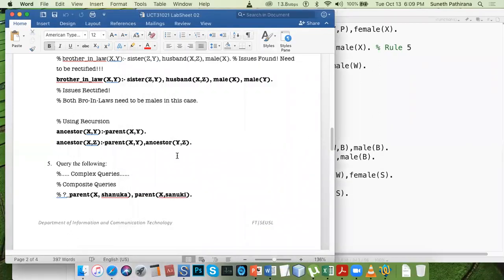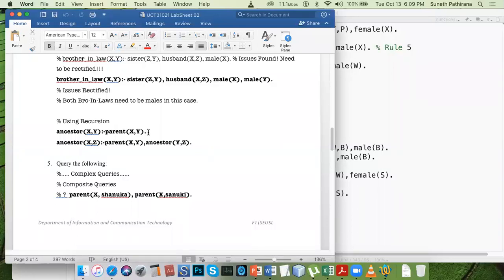Today we are going to test recursion. Recursion is one of the most powerful features embedded into any programming language. Of course, the foundation of Prolog is somewhat based on recursion.